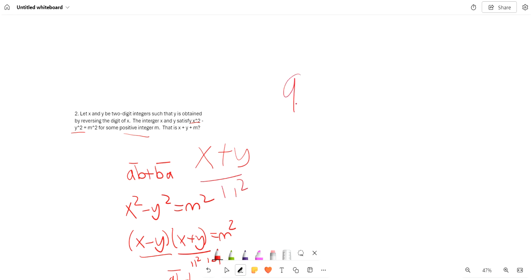So if we have 92, then 92 plus 29 is 121. Now we keep adding 1 and subtracting 1, and this does not exist.